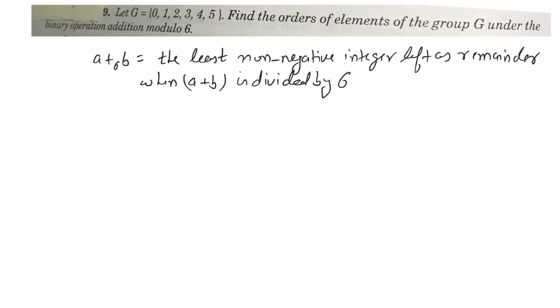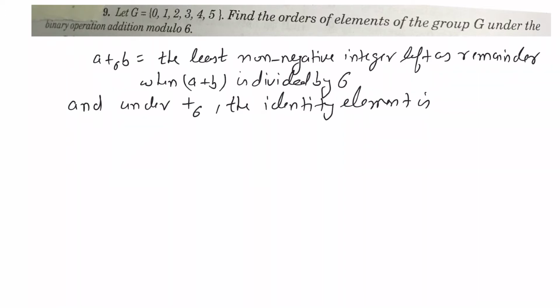Okay, and under addition modulo 6, the identity element is 0. That we have already discussed.